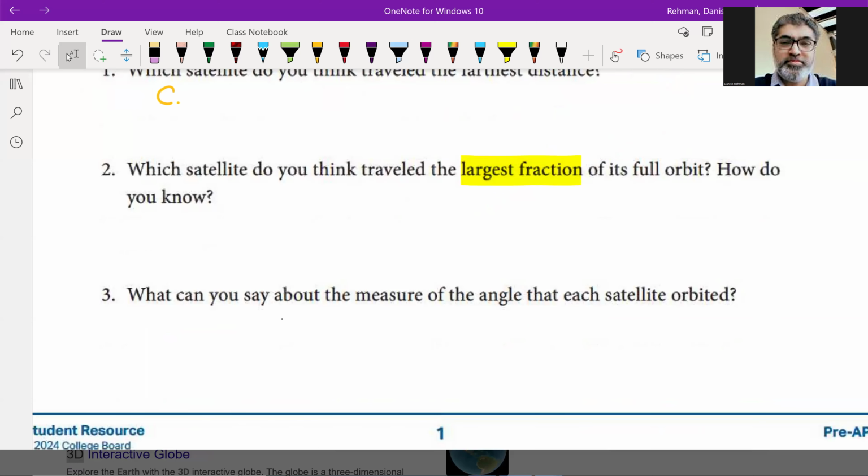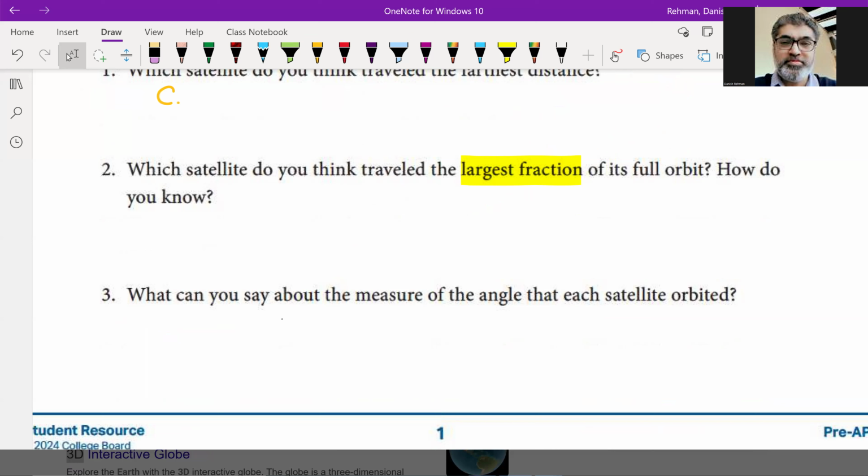It's saying fraction of its orbit, full orbit. Fraction of what? Fraction of the traveling of the satellite. So the satellite is traveling from the starting point up to 2 radians. That draws an arc length. What is the fraction of that arc length with the full orbit?